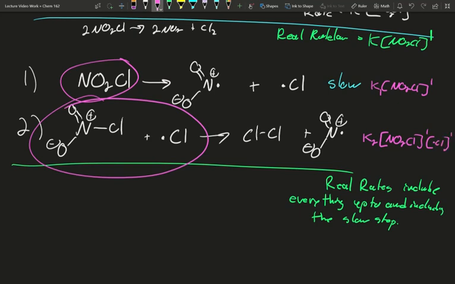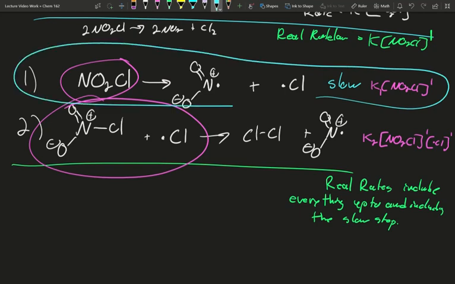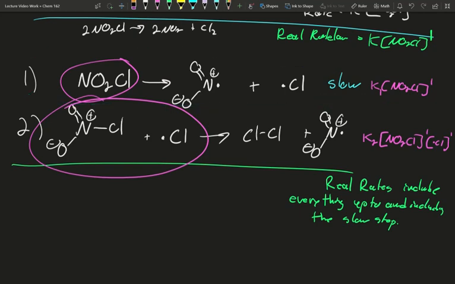Well, our real rate law is just dependent on the concentration of starting material to the first power, and that looks very much like the first step. Our rates are dependent on the mechanism that's being followed and which step in the mechanism is slow.